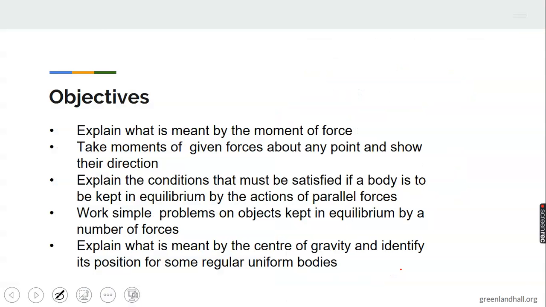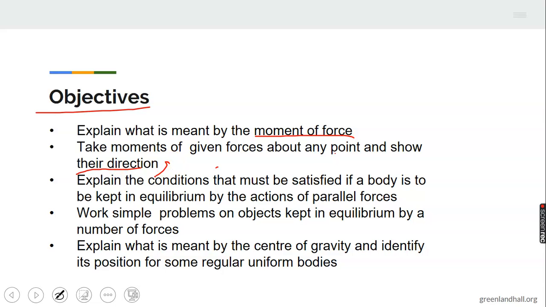That is that. Now we move to the objective of today's topic. At the end of this chapter, you should be able to explain what is meant by moment of force. Take moment of a given force about any point and show their directions.